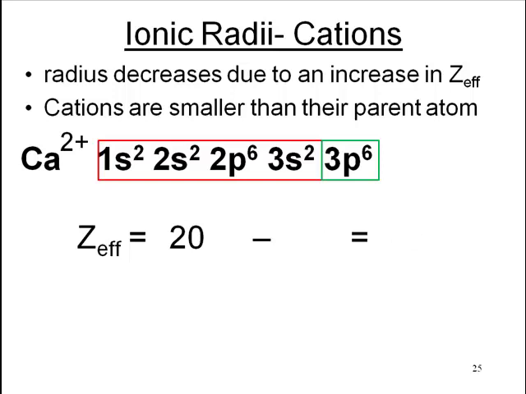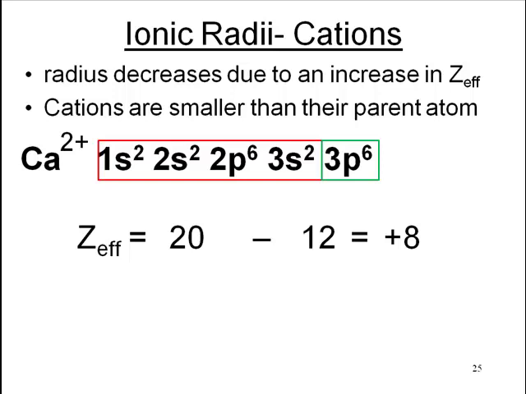And instead of being 20 minus 18, it's now 20 minus 12. Whoa, changes quite a bit. It's a +8 ZF. So its size is going to go way down. You move the electrons away, and then you look for the outermost subshell.